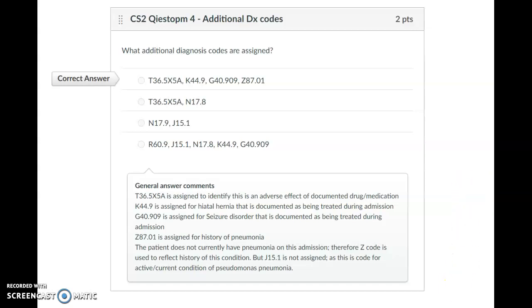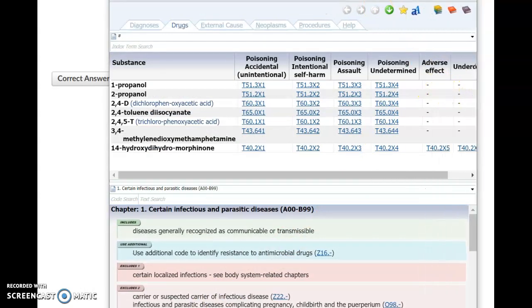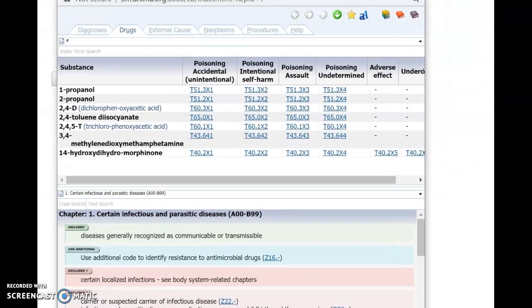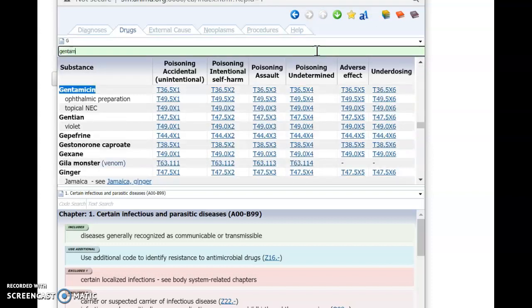So let me pull up the book here real quick. When you look at this, make sure for the T code, you go to the adverse effect column.